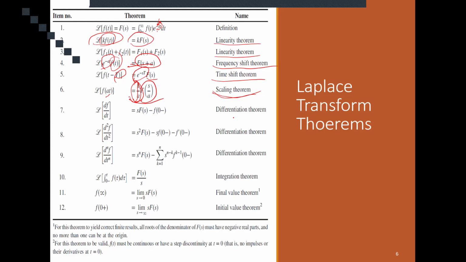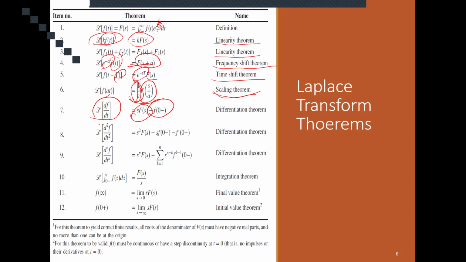Now, when you have a differential equation, the Laplace of the derivative of f(t) is going to be s times the Laplace of f, minus the initial value, remember. That's important. If we don't consider the initial value equal to 0, you need to include the initial value when you want to take a Laplace transform of a differential component.